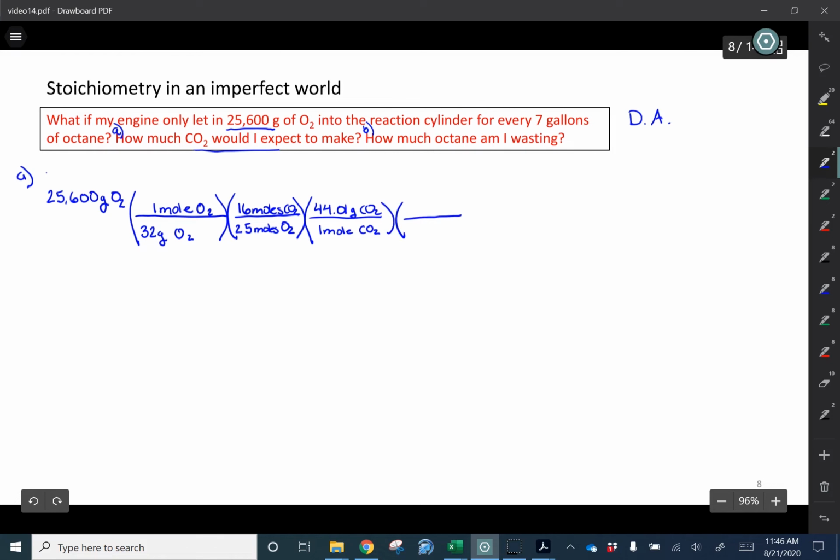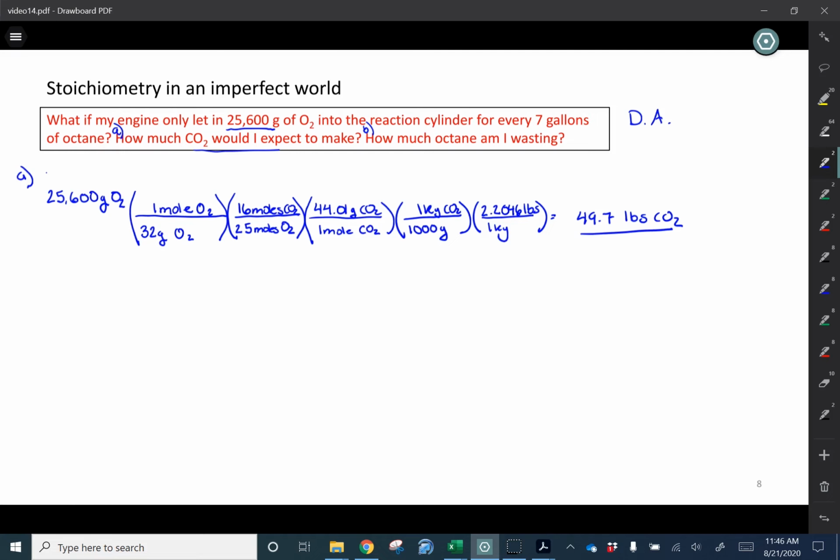Then we're going to convert to kilograms, 1,000 grams in 1 kilogram of CO2. And lastly, we'll convert 1 kilogram to pounds. We can plug this into our calculators and we should get 49.7 pounds of CO2.